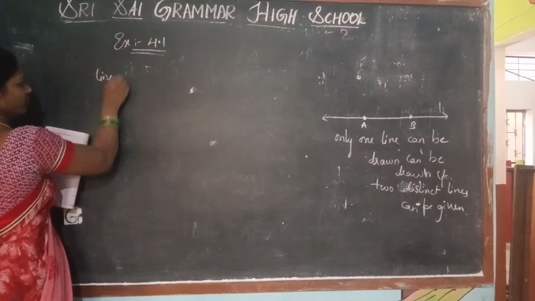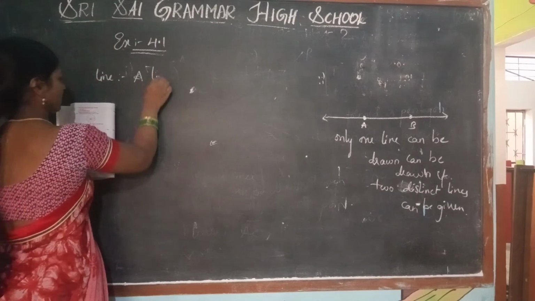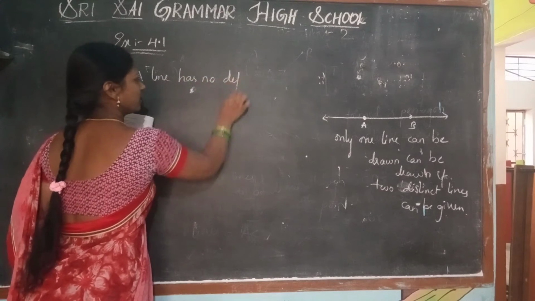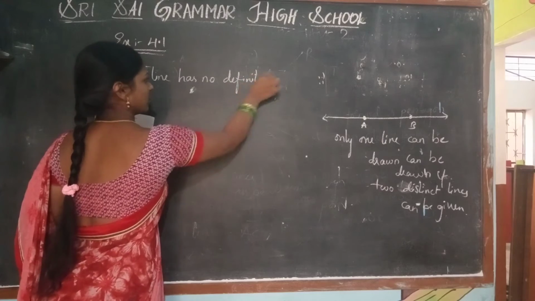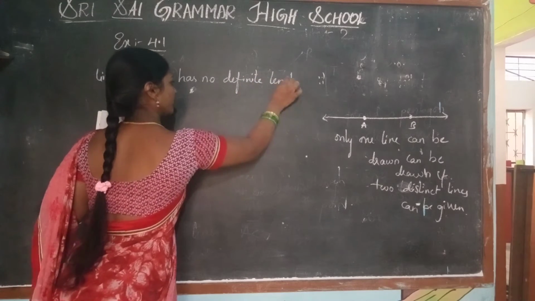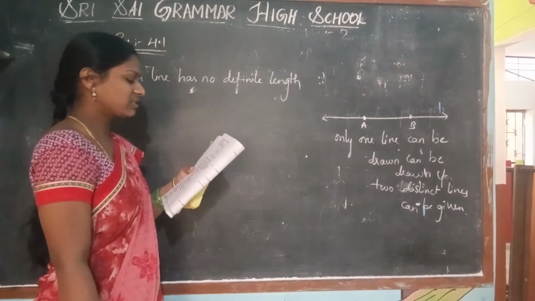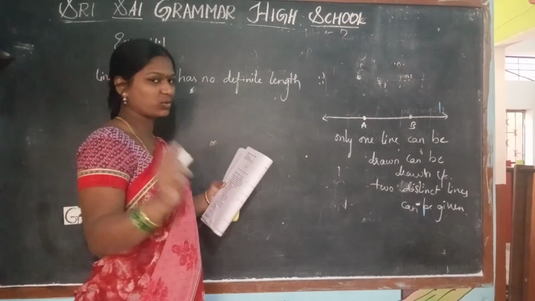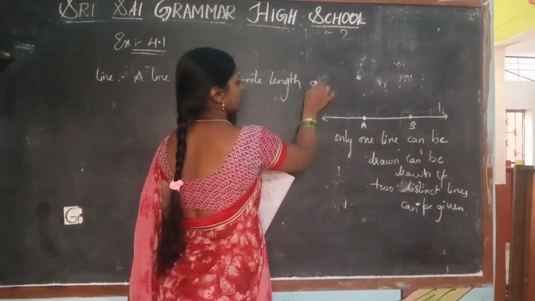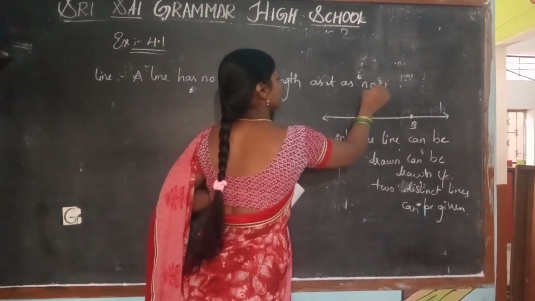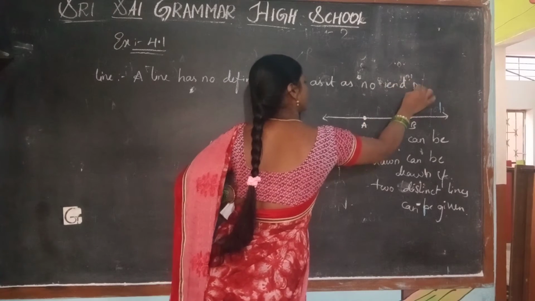They are asking which has definite length. So a line has no definite length as it has no end points.